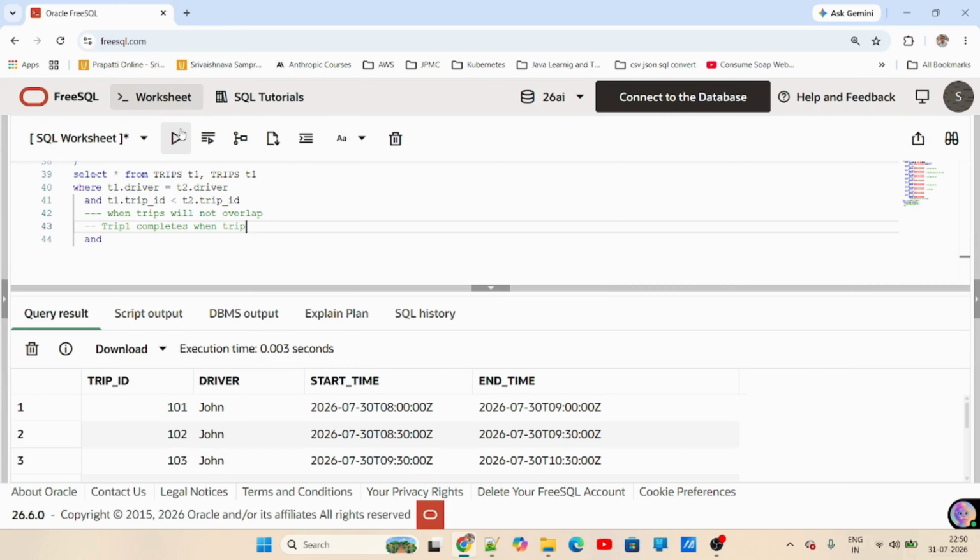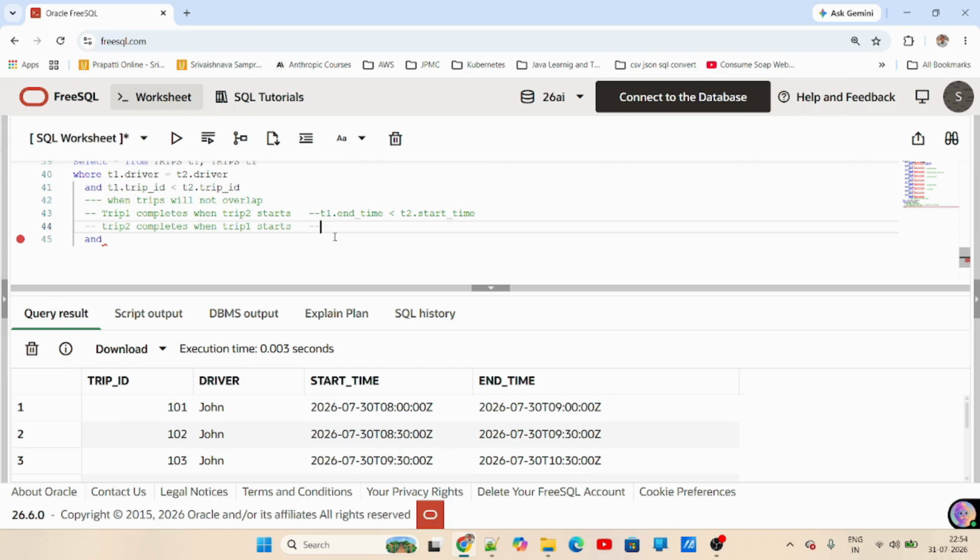When trip 2 starts, trip 1 should have completed. Say the end time was 9 a.m. and trip 2 start time is 9:30 a.m. Then this is a true condition, so here it will not overlap.